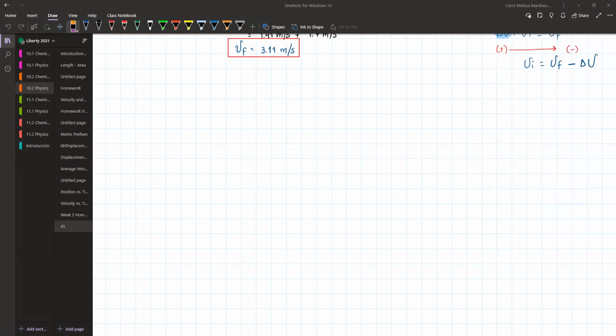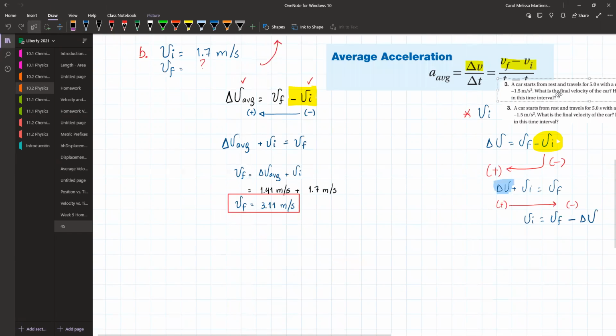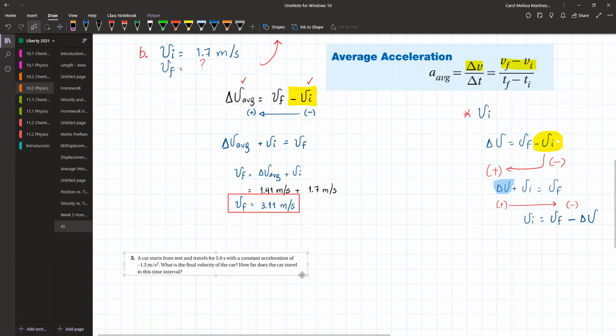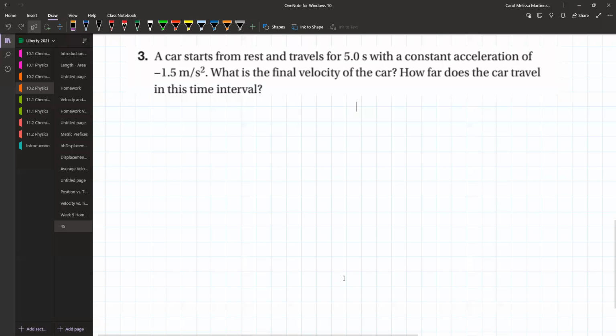I know. I want to point out something, and that is one of the questions the other group had too. This is actually more about how the question is made. It says a car starts from rest and travels for 5 seconds with constant acceleration of 1.5 meters per second squared. What is the final velocity of the car? How far does the car travel in this time interval?